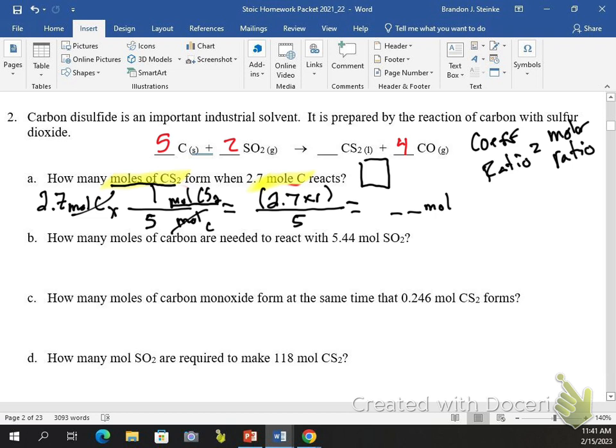There's 2 different mole counts up there, right? So it should be mole CS2. Because if you don't put CS2, are you talking about carbon? Are you talking about SO2 or CO? You have to put that there or it's going to be wrong. And there's your answer. This step right here is what I was talking about with this box. That is your stoich step.